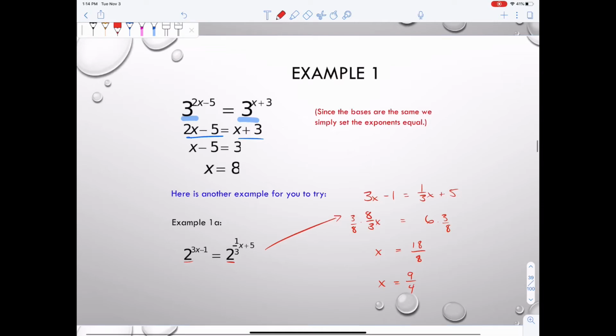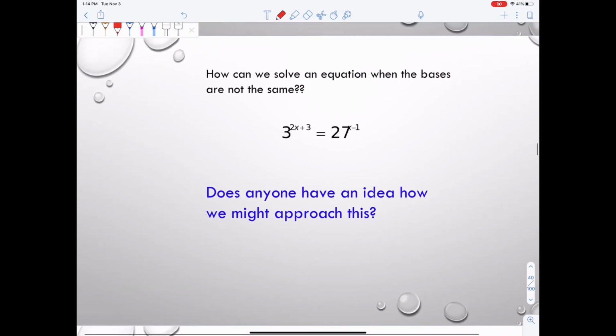Let's take a look at another one. Here I've got a slightly different issue: 3 to the 2x plus 3 power equals 27 to the x minus 1. If you remember back to the exponent rules from the previous lesson or two, if you have x to the a power raised to the b power, a power to a power, we multiply those exponents.